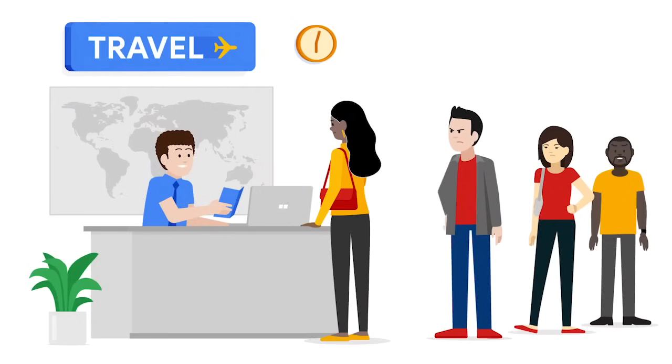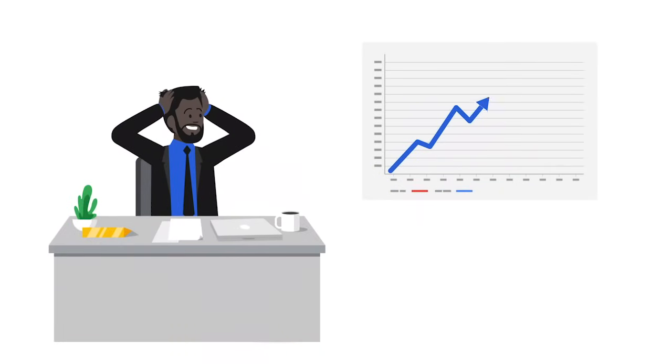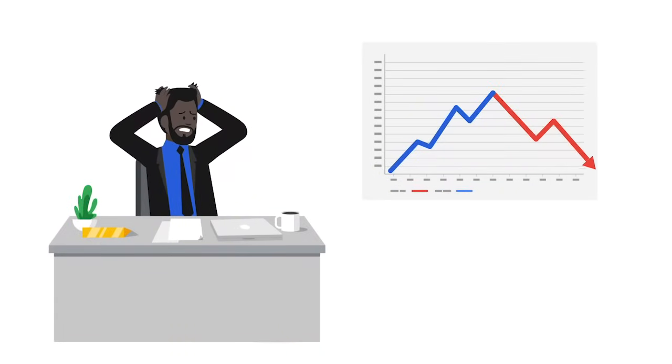Let's break it down. The first phase is to define the project goal and what it will take to meet it. This first phase is very similar to the initiation phase of traditional project management. Let's take a real scenario to illustrate. Imagine that you are brought on as a project manager for a large travel company to help streamline and minimize customer service wait times that have been surging due to a recent sales promotion.